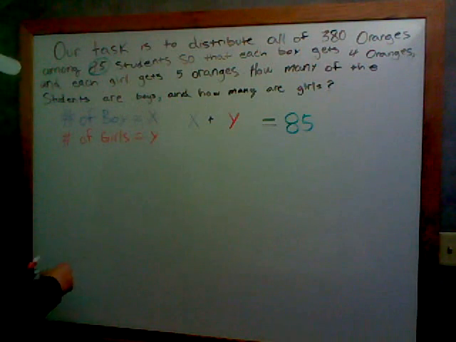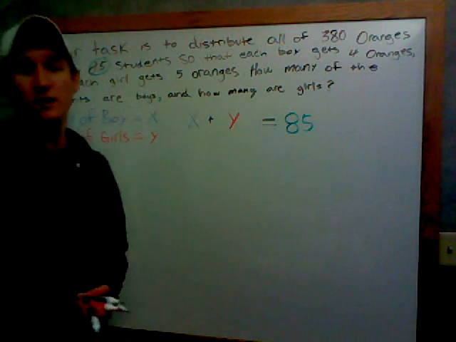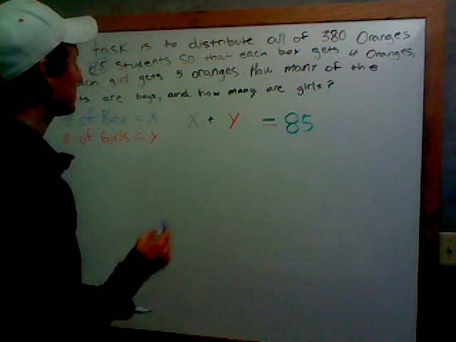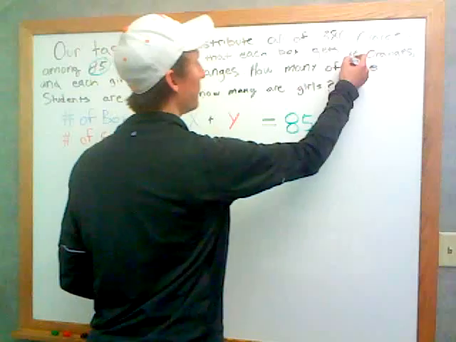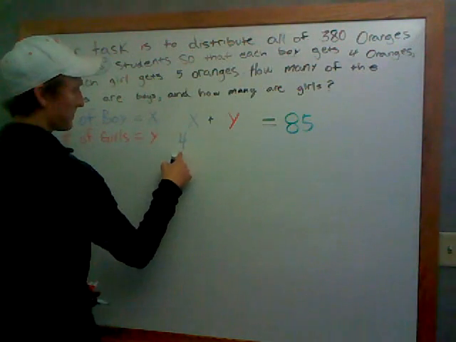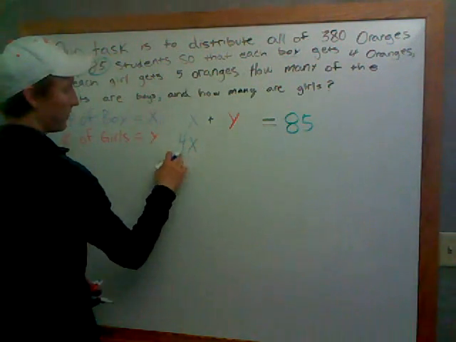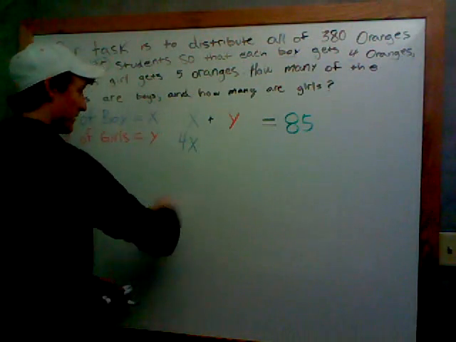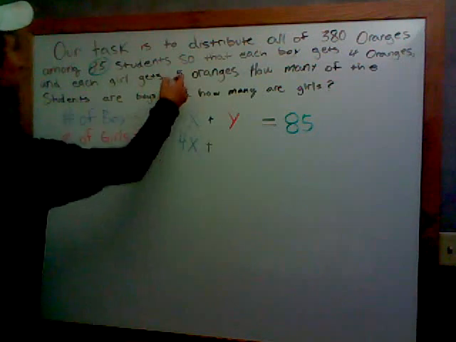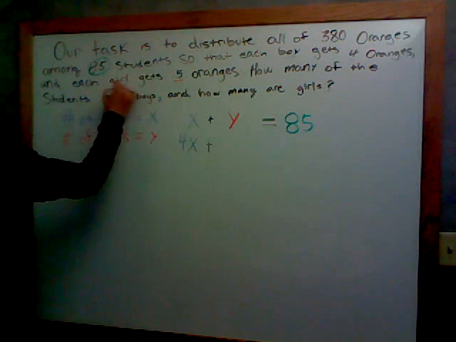Our second equation is going to consist of how many oranges each boy and girl have. So for this one, we know that 4 oranges per boy. So we're going to get 4 oranges per boy, plus the number of oranges a girl gets, which is 5 per girl.